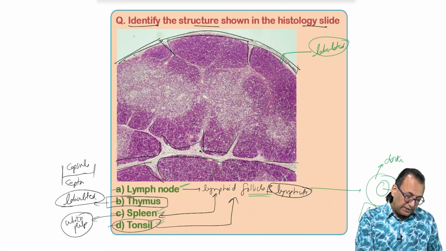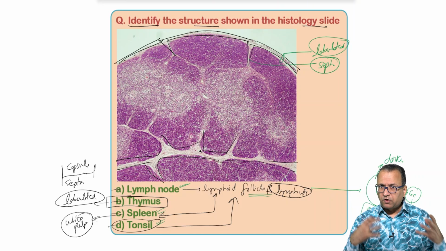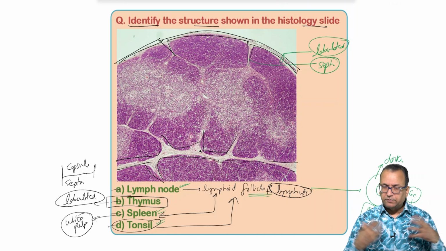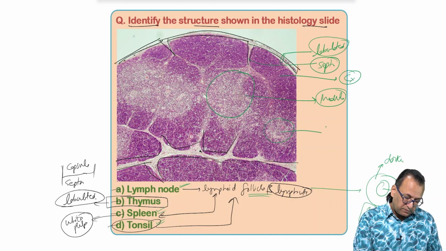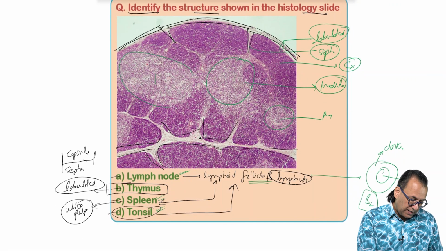So, absence of lymphoid follicles is going in favor of the thymus, plus it is a lobulated structure and a lot of septa are seen, and because of that you see multiple cortex and medulla, cortex, medulla, cortex, medulla. This lighter area is the medulla, and this darker area is the cortex. In the lighter medulla you can see some structures called thymic Hassall's corpuscles.